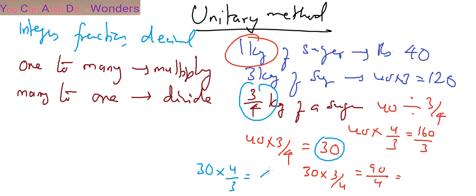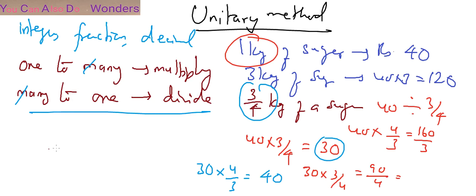So you get 40 rupees, which is correct. So it's actually not 1 to many, it's 1 to any. Similarly, not many to 1, any to 1. So we have to divide. All are involving 1 unit, always 1 to any, or any to 1.